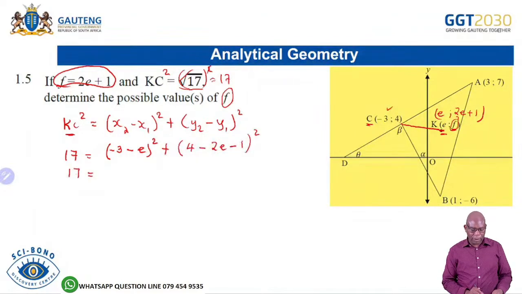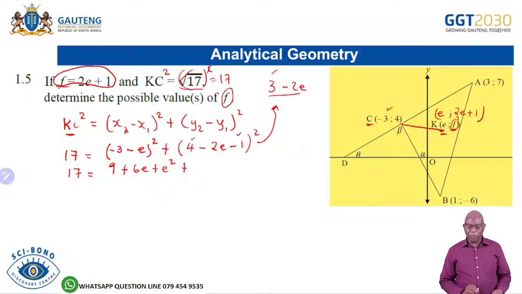The first bracket there will be 9 plus 6e plus e squared. The second one, I can write as 3 minus 2e, because 4 minus 1 is 3, and then I've got minus 2e there. So then I can just square that one. So I'll get 9 minus 12e, plus 4e squared.